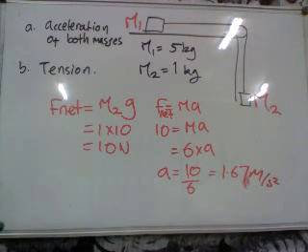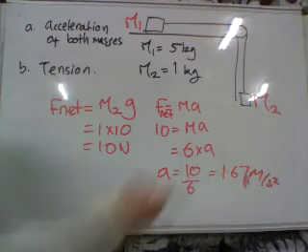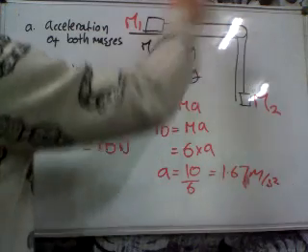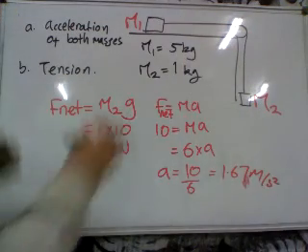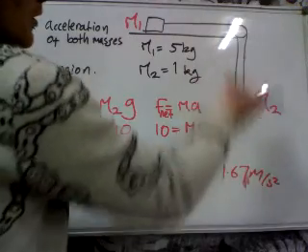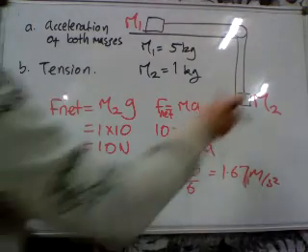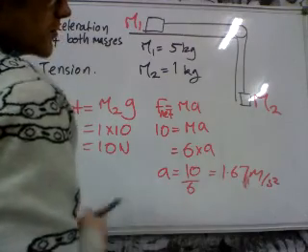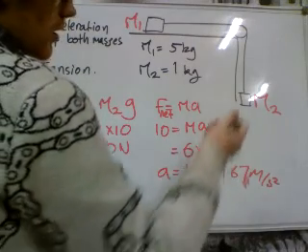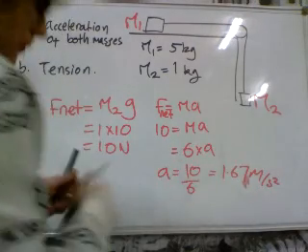Cool, well that's easy enough. What about the tension in the string? Now this is slightly more complicated. The string is within the system, okay? So we go from considering the system as a whole to considering an individual mass and the forces acting on that. If we look at M2, what are the forces acting on this?